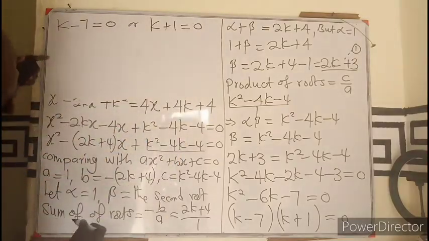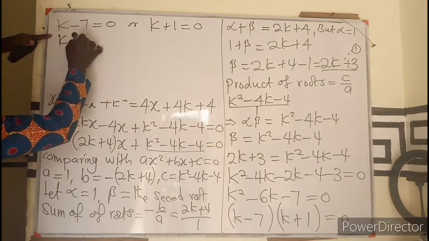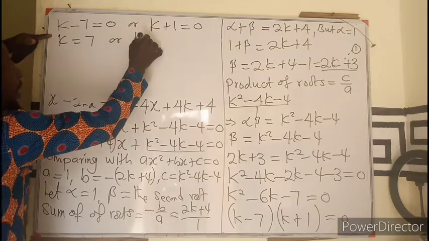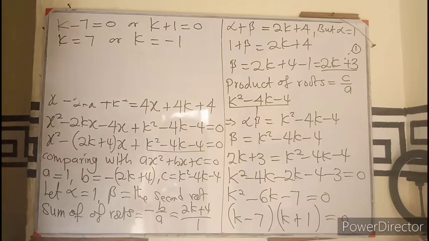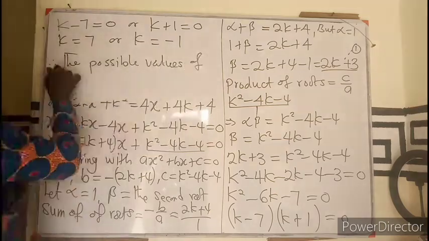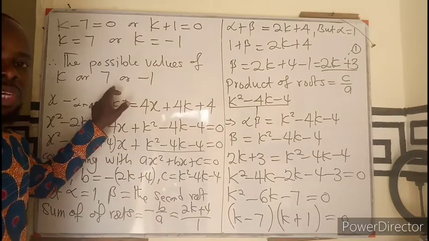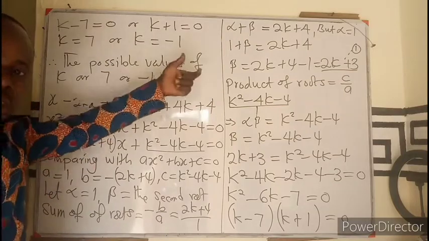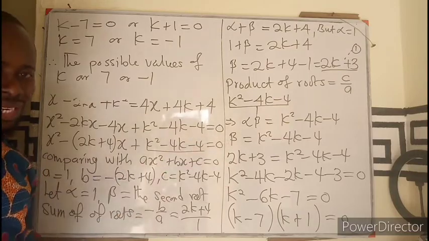So in this case, we are going to look for k equals 7, or k equals minus 1. Don't forget, our question is to find the value of k. So therefore, we can say minus 1 or 7. So 7 or minus 1 can satisfy that equation to give us one of the roots to be 1.